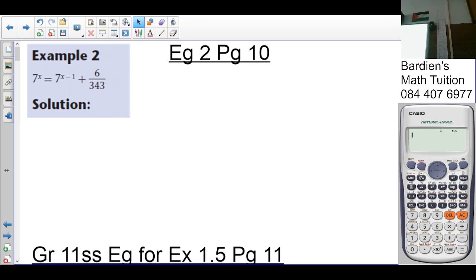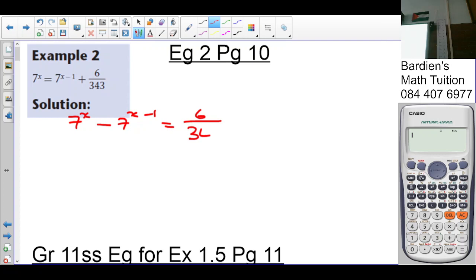We've got 7 to the x is equal to 7 to the x minus 1 plus 6 over 343. What do you think is the first thing we're going to do? We bring the 7 to the x minus 1 over to the left hand side. So 7 to the x minus 7 to the x minus 1 is equal to 6 over 343.